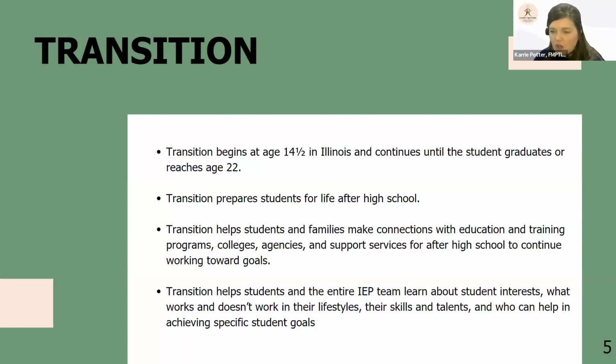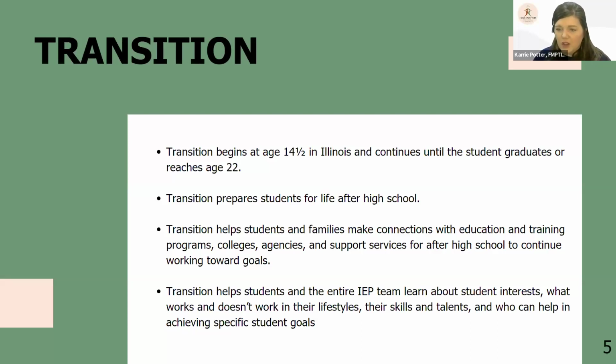So transition, like we said, really helps the student and the entire IEP team learn about student interest, what works, what doesn't work, really look at their skills, their talents, and who can help them work toward achieving those specific goals that they have for themselves.